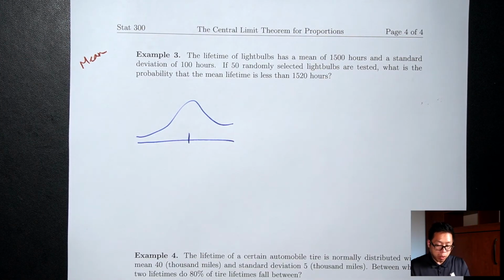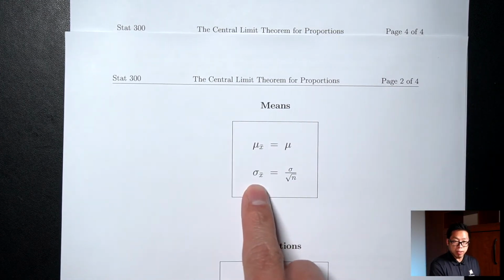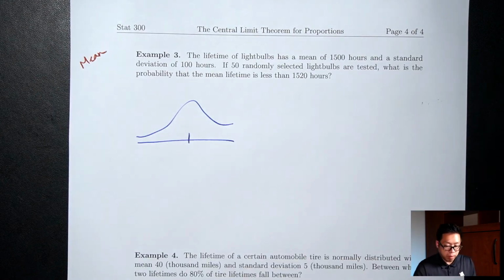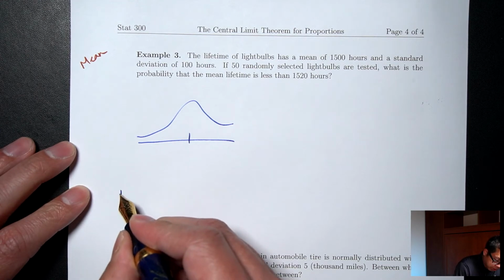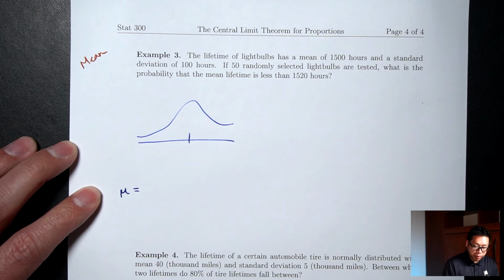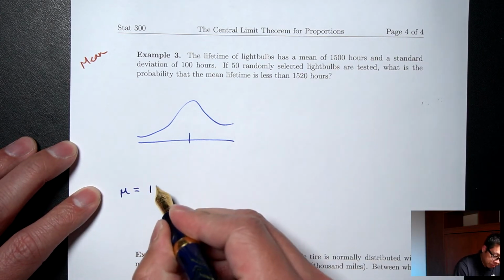Okay, because it's a mean question, I'm going to be using the mean box to write down my mean and standard deviation. The mean we're going to use is the original mean of the population, which is the original mean in the question. Mean 1,500.